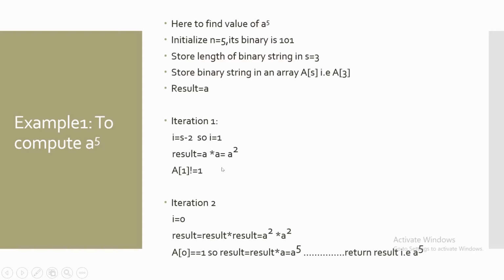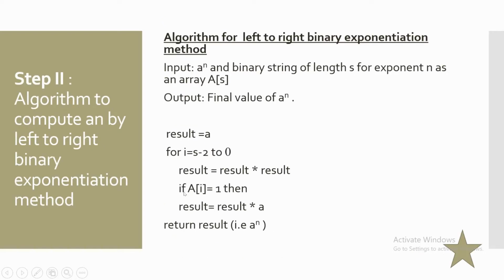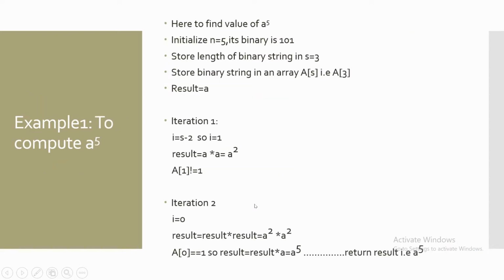Then it will check the condition. If a[i] is 1, then result will again be multiplied by a, right? So in every iteration it is first computing result, then checking a[i].